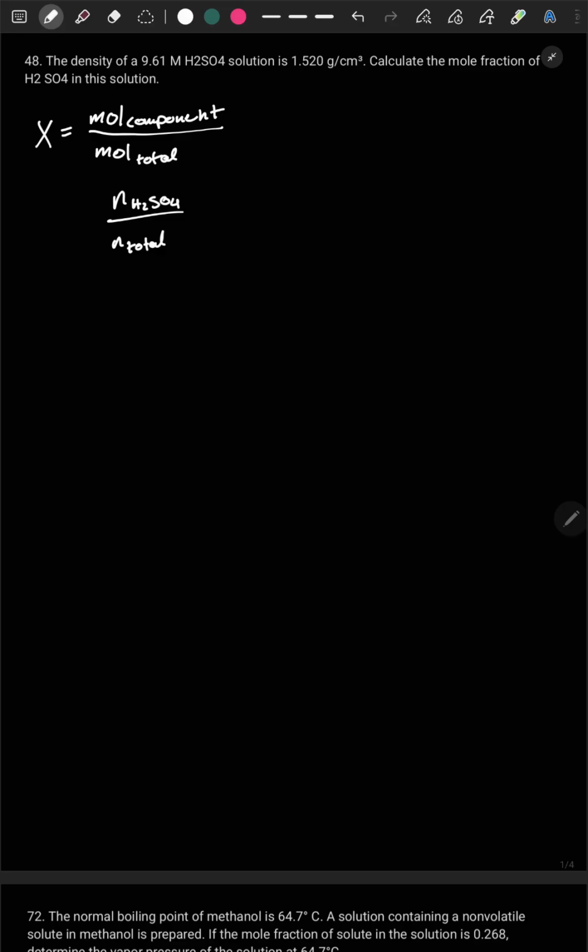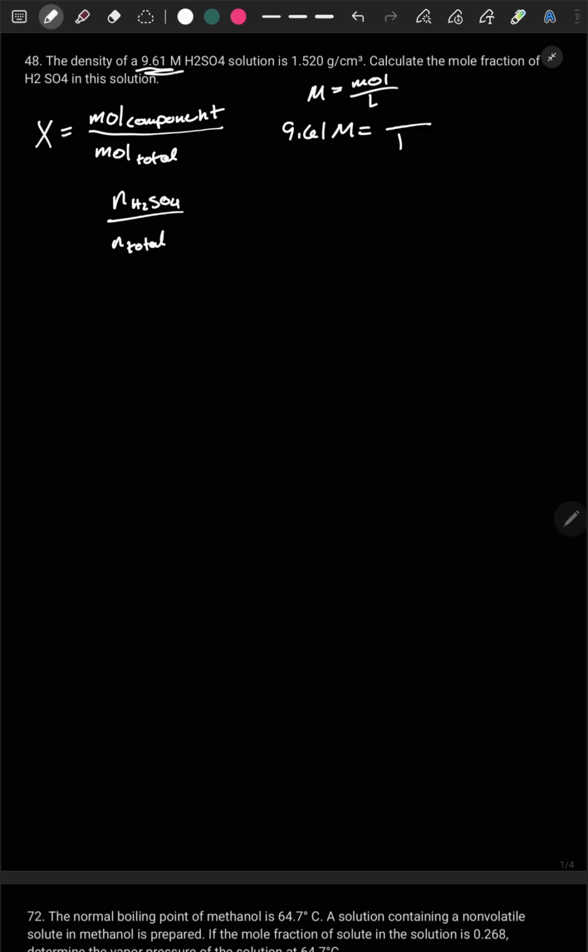Let's just think about what molarity is. Let's think about what this number right here is: 9.61 molar. Well, what is molarity equal to? We know that molarity is equal to moles over liters, right? So let's think, what would be an ideal liter amount to have to get a nice amount of moles?